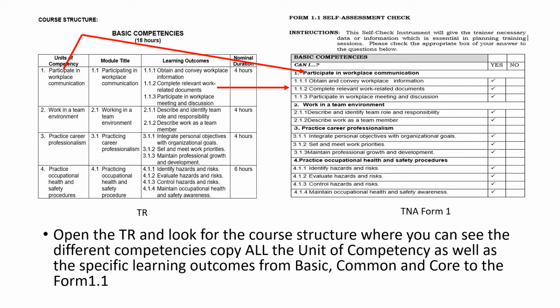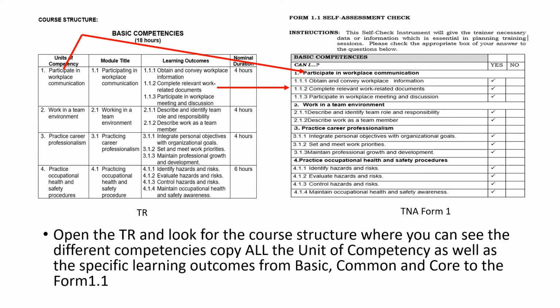For example, obtain and convey workplace information, transfer it to your TNA Form 1 under the first unit of competency under the basic competency. And you will also copy the complete relevant work-related experience or documents and participate in workplace meeting and discussion. So as is lang po, you will just copy and paste the information coming from the TR to your TNA form.